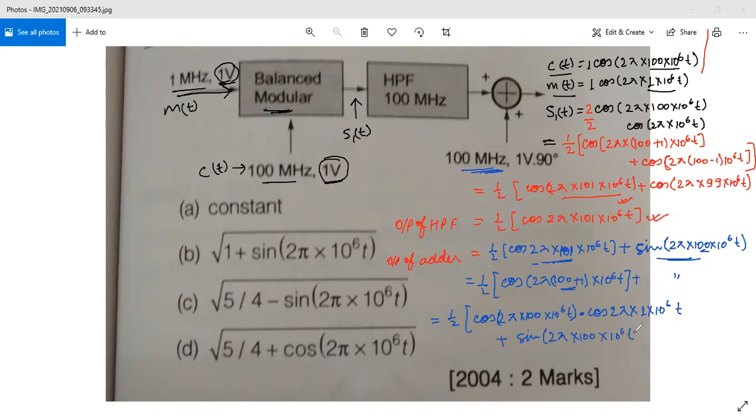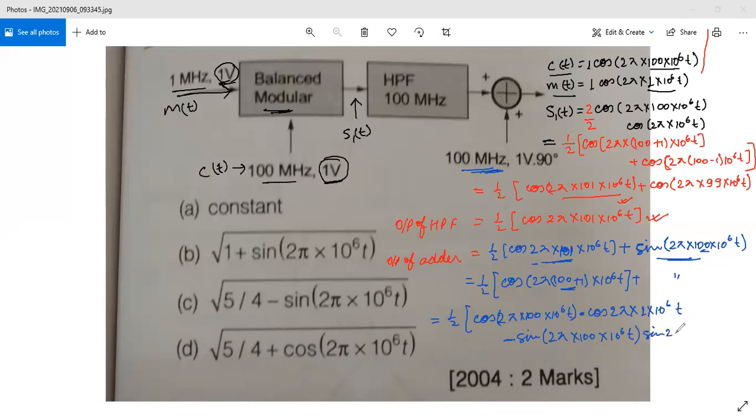सर माइनस साइन होगा ना? Yes. So what is the formula? It is cos A plus B. Here it should be minus. Yes, माइनस साइन ए साइन बी. So cos A plus B is equal to cos A into cos B minus sin A sin B. So 2 pi into इतना आ गया into sin B. Sin B is what?